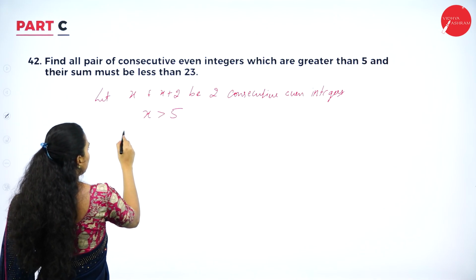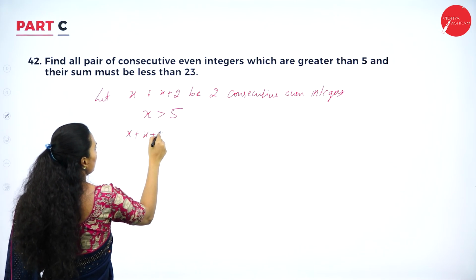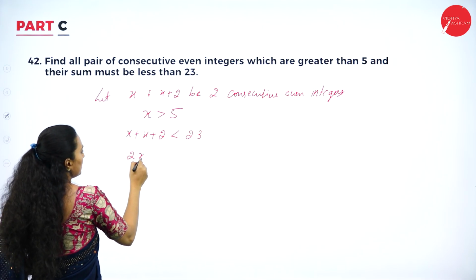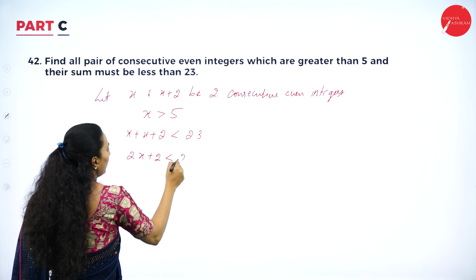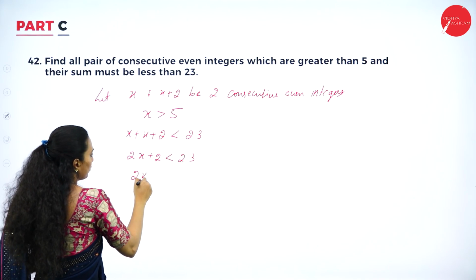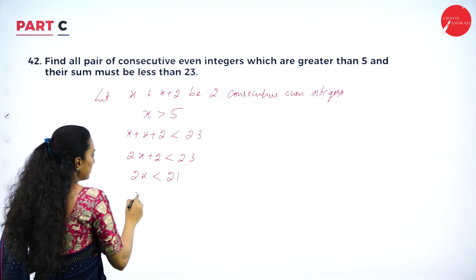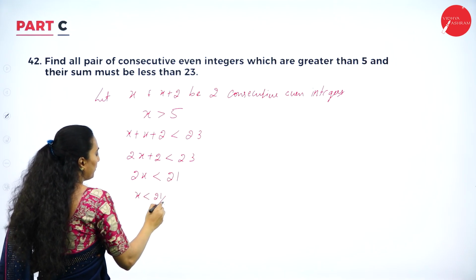So therefore, what is the sum? x plus x plus 2 is lesser than 23. Now x plus x plus 2 is 2x plus 2 is lesser than 23. Otherwise, for 2x you can subtract 2. 23 minus 2 gives you 21. So x is lesser than 21 divided by 2.